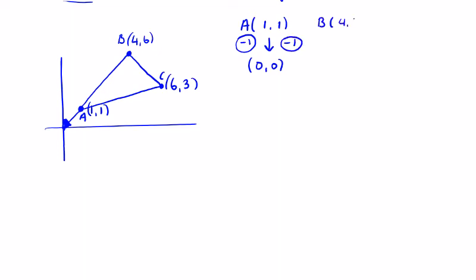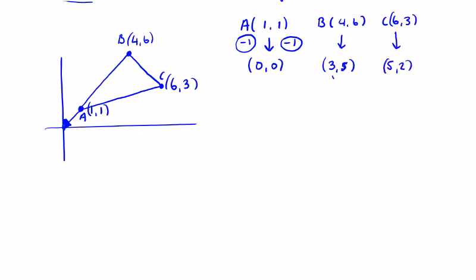B is 4, 6. So B is going to translate to 3, 5. Both values go down 1 very simply. And C, 6, 3. Both values go down 1 to 5, 2.